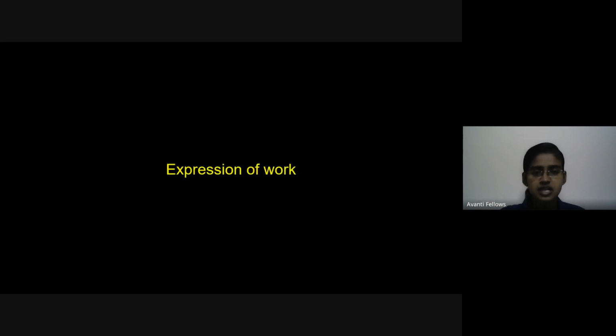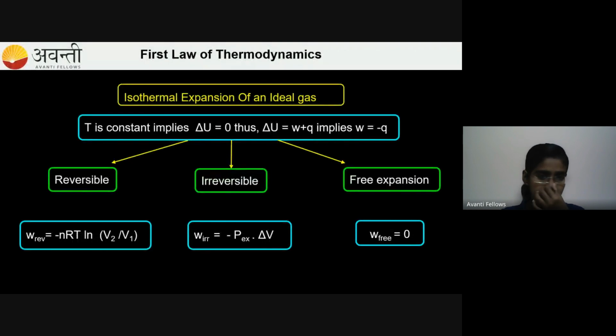Now we will see the expression which is used to calculate the work done for reversible, for irreversible, and for one more process which is called free expansion. So first I have taken the isothermal expansion of an ideal gas. Here the temperature is constant. Isothermal means temperature is constant, right?